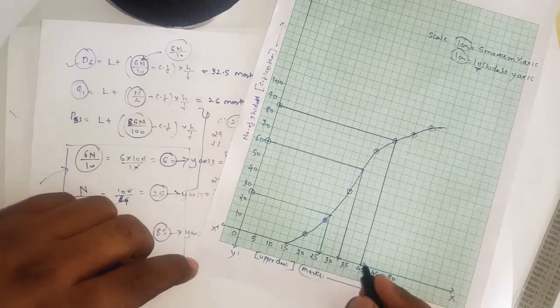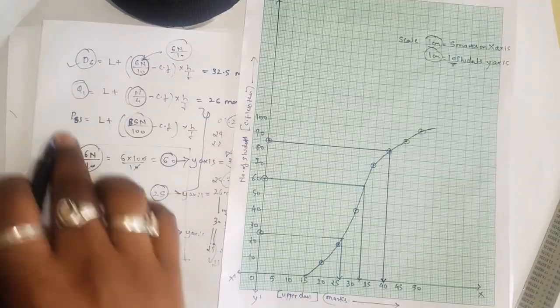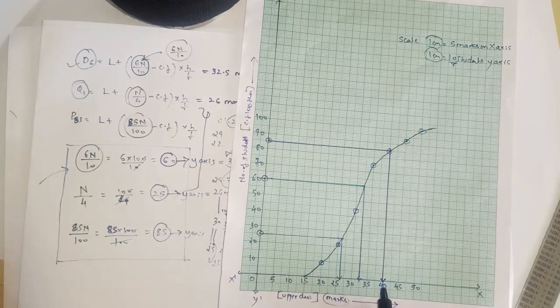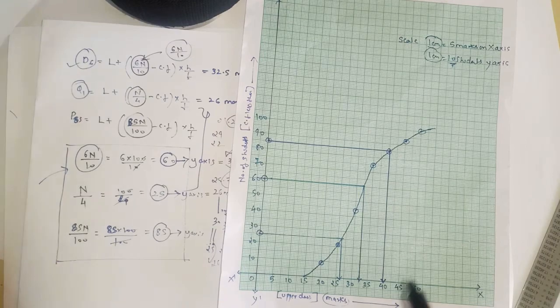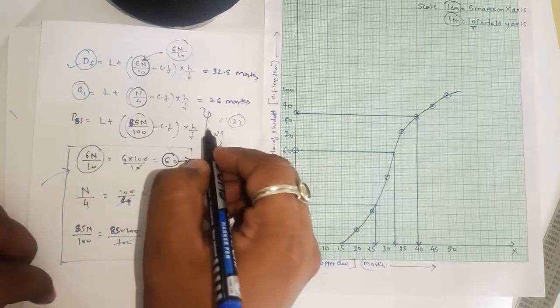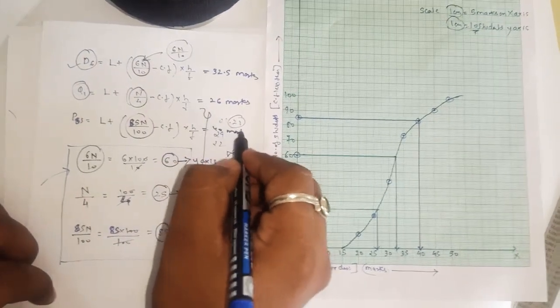Here we are getting the answer for P85. Clearly we can see that the line lies exactly on 40, so the answer for this will be 40 marks.